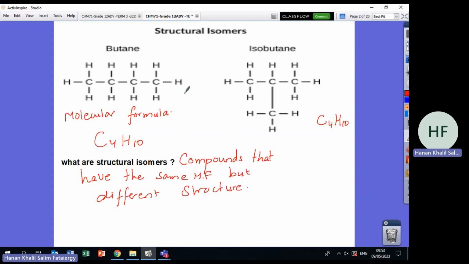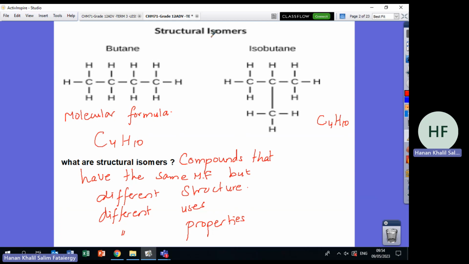Now, do you think this one and this one will have the same properties? No, be careful. Isomers have different physical properties, different chemical properties, and different uses. The only thing that is the same for this one and this one is the molecular formula, which is C4H10.